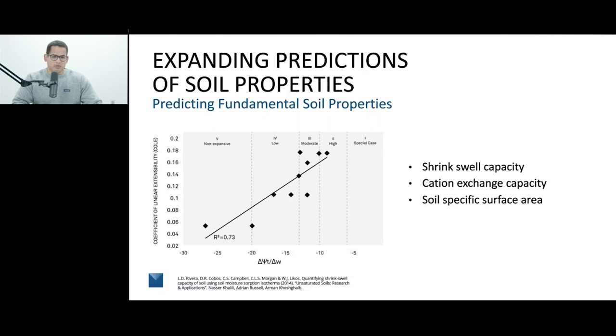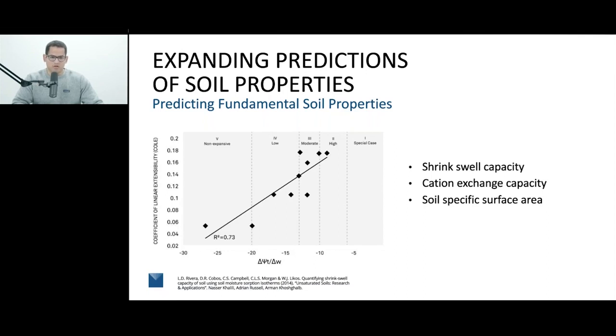And it turns out there's been literature on this by McKeen and others, that we can use the slope of the soil moisture release curve to predict these properties. And so we took these soils and ran the soil moisture release curves in the VSA, took the slope of those curves, and predicted, based on the McKeen method, how expansive these soils are. And it turns out that did compare quite well with our COLE values.